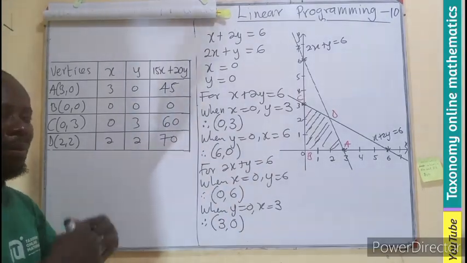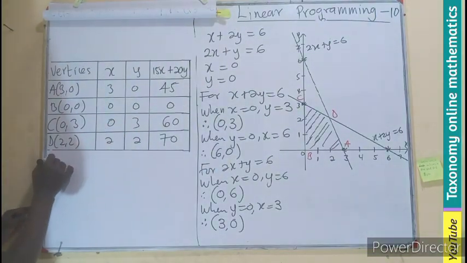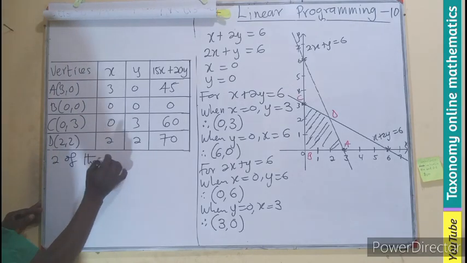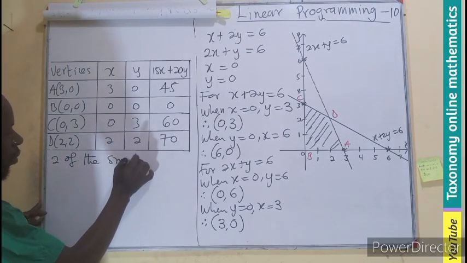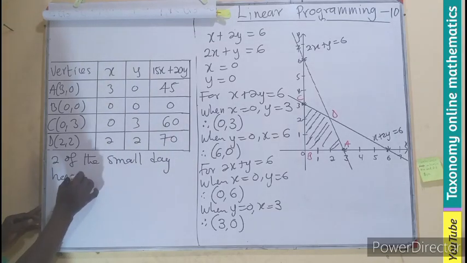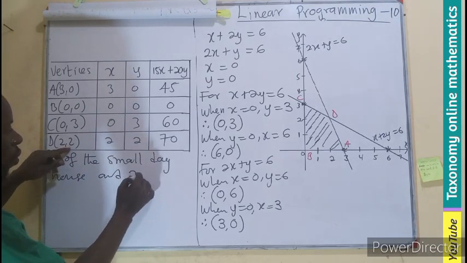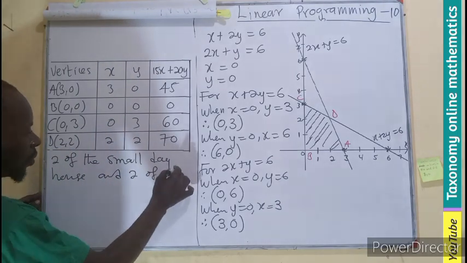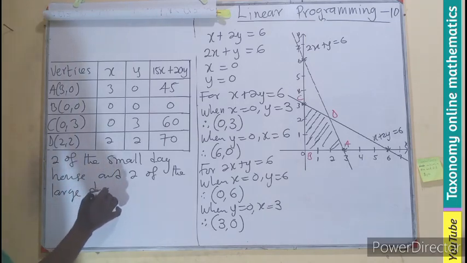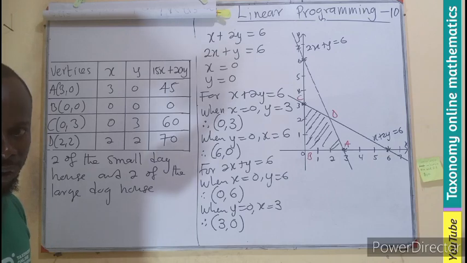So to maximize the cost, the revenue, it means we must build 2 of the small doghouse, and don't forget 2 is a y, 2 of the large doghouse, if you want to maximize the cost.